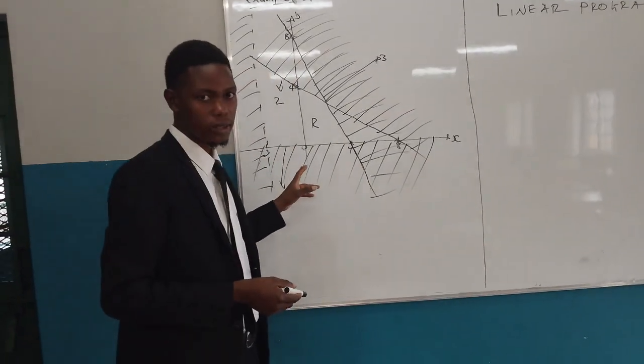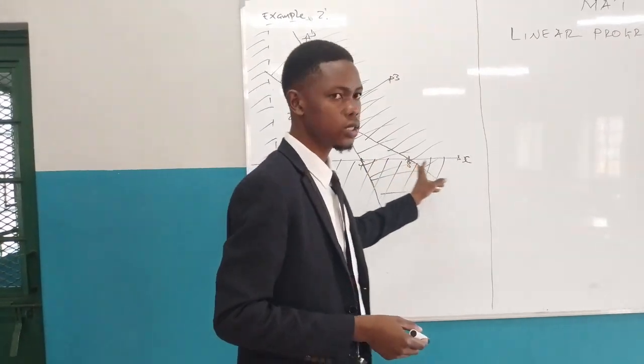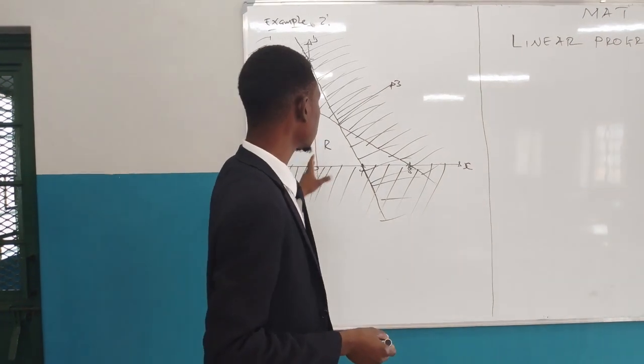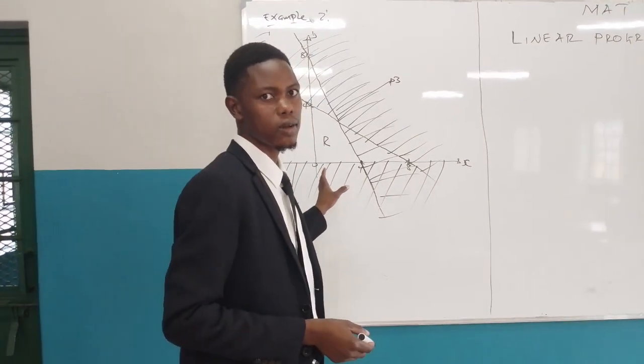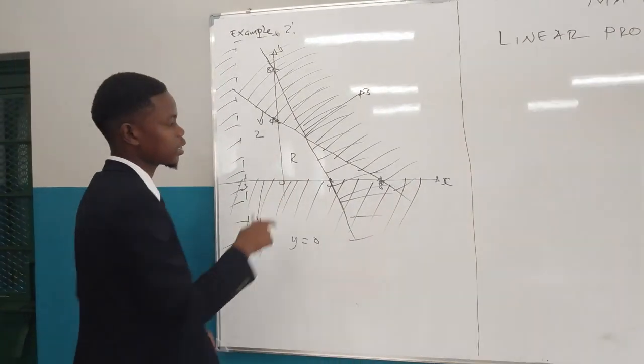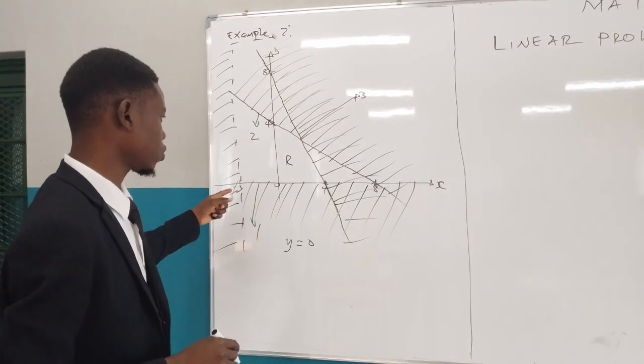This is the simplest one, just like the one we have seen previously. We are going to apply the same rules. This line is the x-axis, cutting the y-axis at 0, so the equation of this one is y is equal to 0. But now it's an inequality.